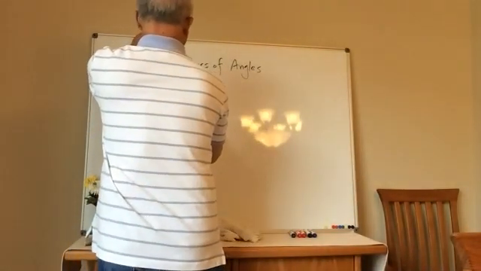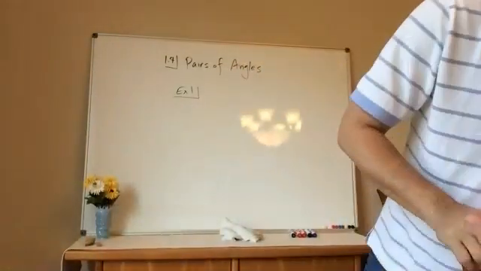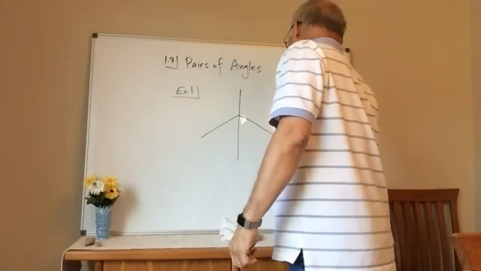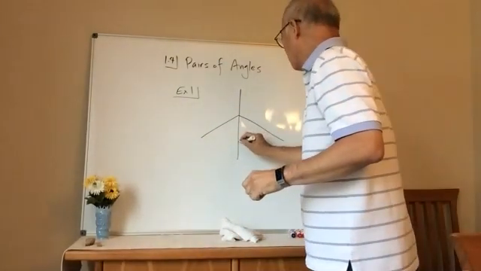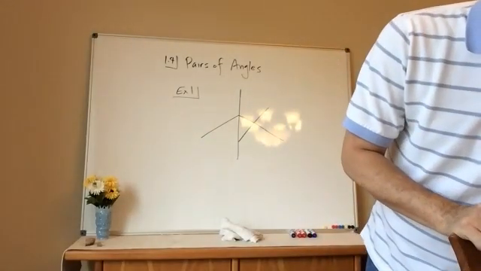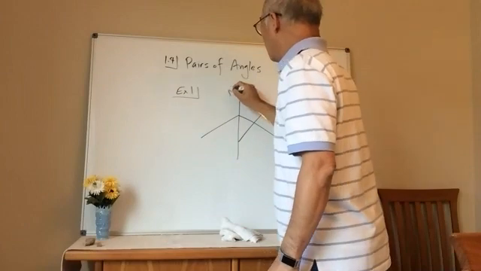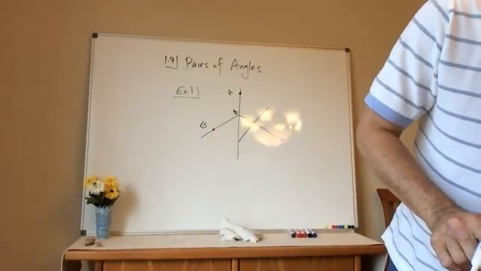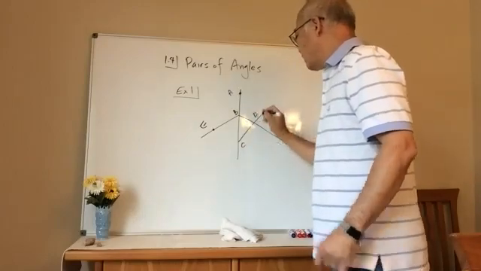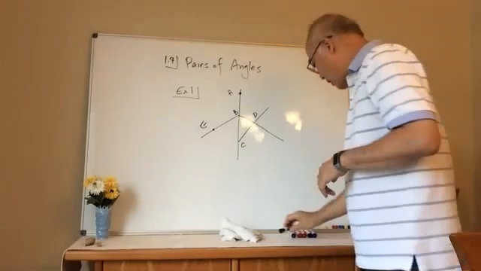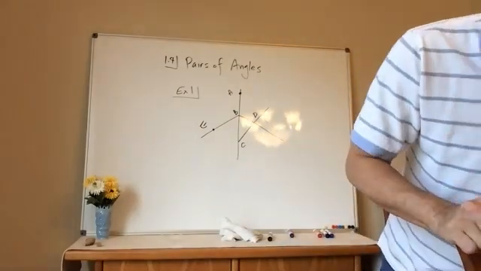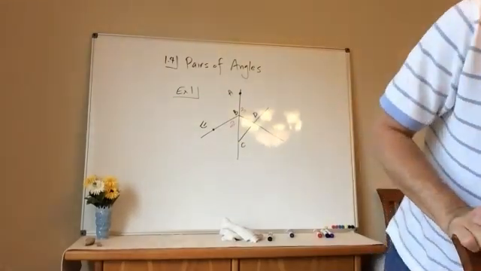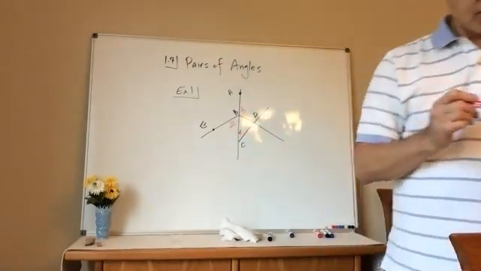I have example one, and we have A, B, E, C and D. Then I'm going to have angles that are labeled here as 1, 2, 3, and 4.